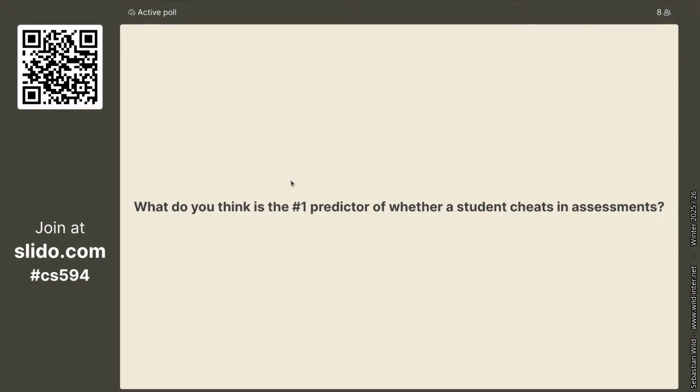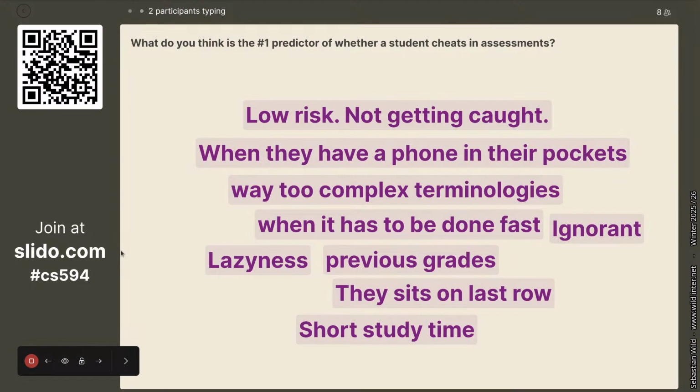Okay, there's some fun ones. Let me just show them. And there's a bit of an overlap between people in this module and other modules I've done where I used the same question.